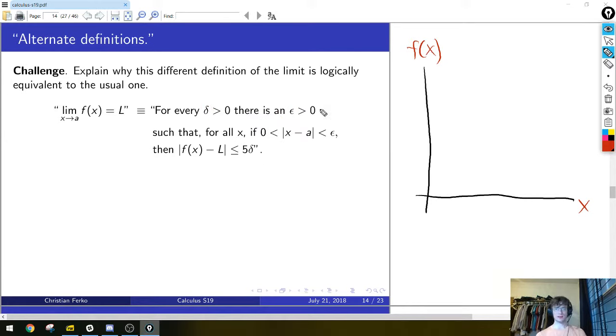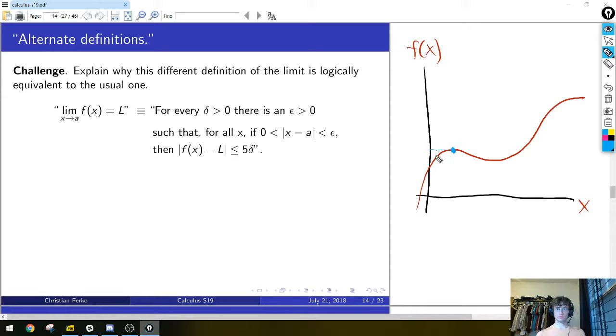There is an epsilon greater than 0 such that for all x, if 0 is less than the absolute value of x minus a is less than epsilon, then the absolute value of f of x minus L is less than or equal to, now an equal to sign, 5 delta. Think about that for a moment and see if you can explain why this is still logically equivalent to the original definition.